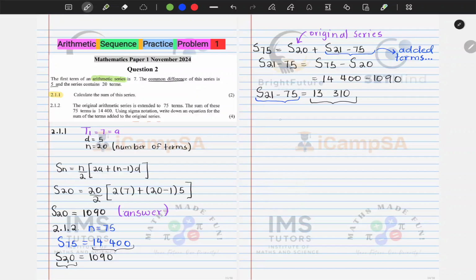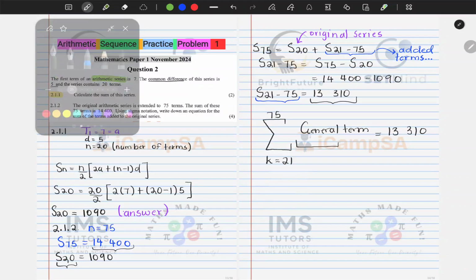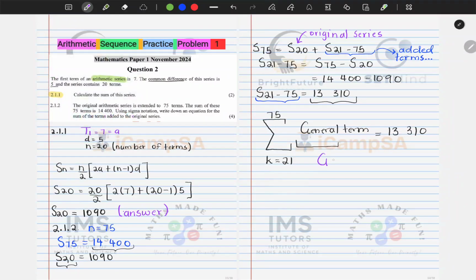For sigma notation, remember, we need to know which term we are starting on. According to our problem, we should start from term 21, and we are going to end on term 75. But here we need our general term, which we have not found yet, and we know that the sum will be equal to 13,310. So what is our general term?